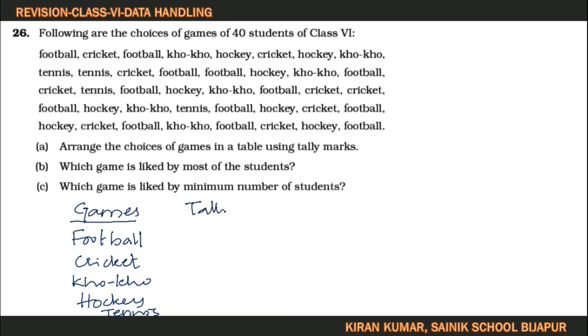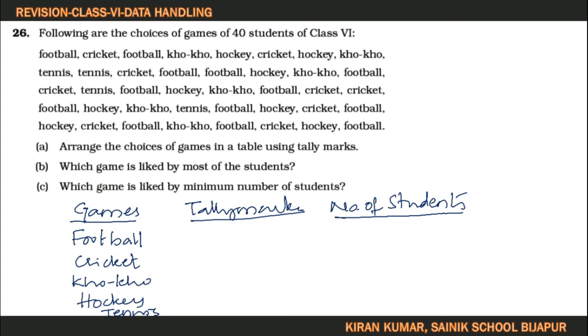We need to write tally marks and the number of students. Hope you have understood the previous question. In a similar way you have to make it and identify which particular game is liked by most of the students.